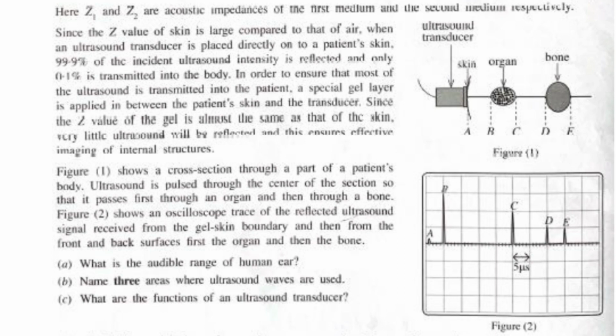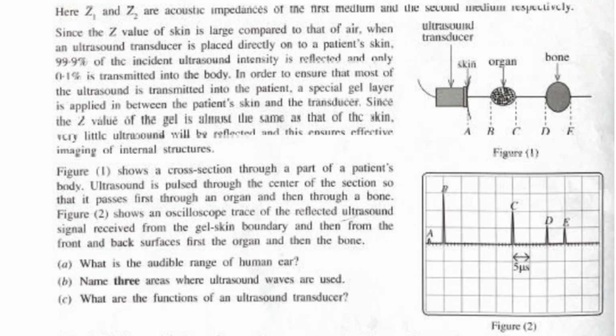In order to ensure that most of the ultrasound is transmitted into the patient, a special gel layer is applied in between the patient's skin and transducer. Since the Z value of the gel is almost the same as that of the skin, very little ultrasound will be reflected, and this ensures effective imaging of internal structure.